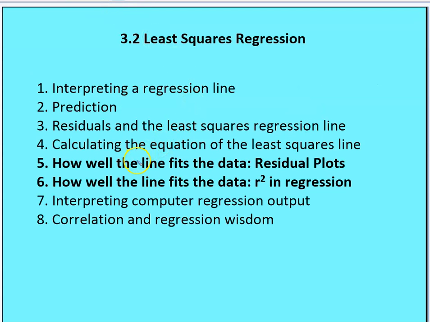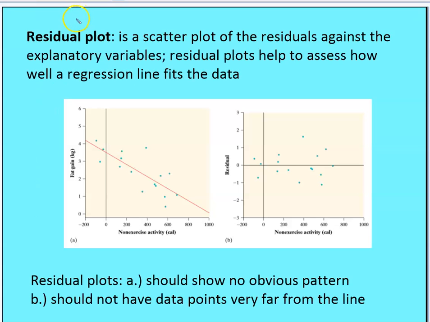All right. So let's talk about how well the line fits the data: residual plots, and R squared, and then we'll wrap this up. A residual plot is a scatter plot of the residuals against the explanatory variable. Residual plots help to assess how well our regression line fits the data.